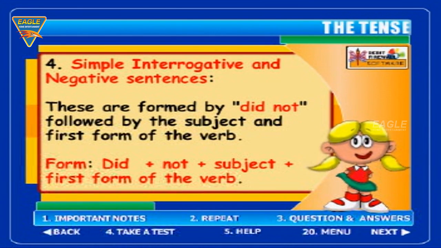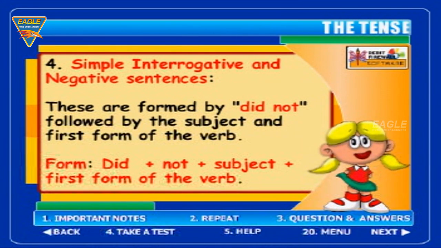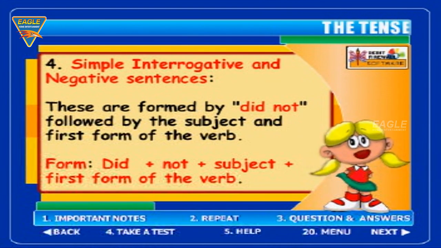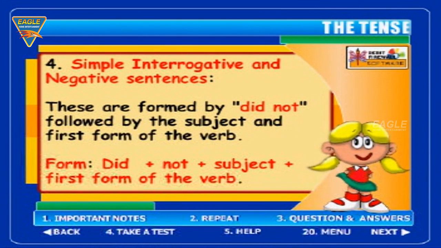Simple interrogative and negative sentences. These are formed by did not, followed by the subject and first form of the verb. Form: did plus not plus subject plus first form of the verb.